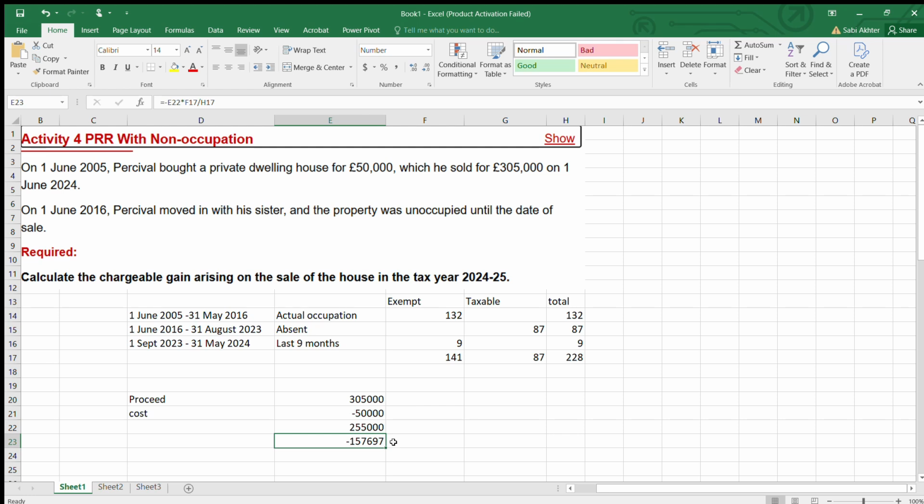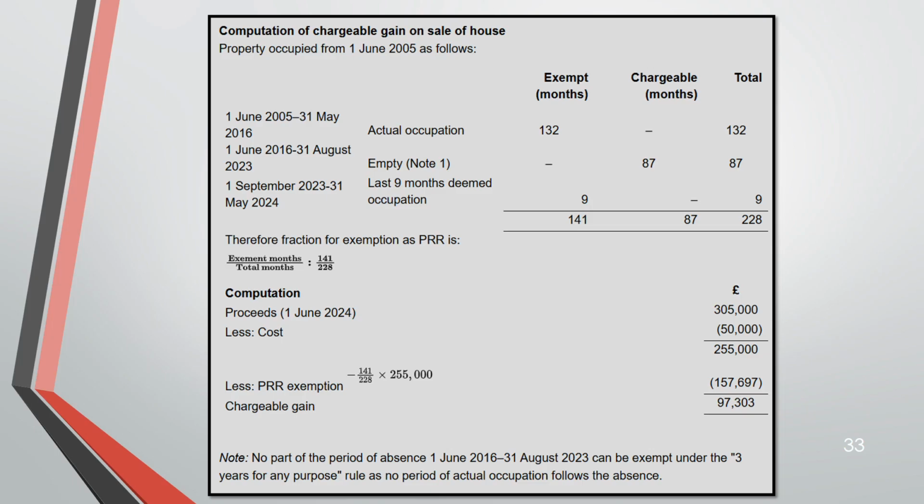Okay, this is your PRR. Now what you get is your chargeable gain. So we are going to drop down the decimal. 97,303. This is your chargeable gain. So this is what we have exactly done. We have got this as the chargeable gain.